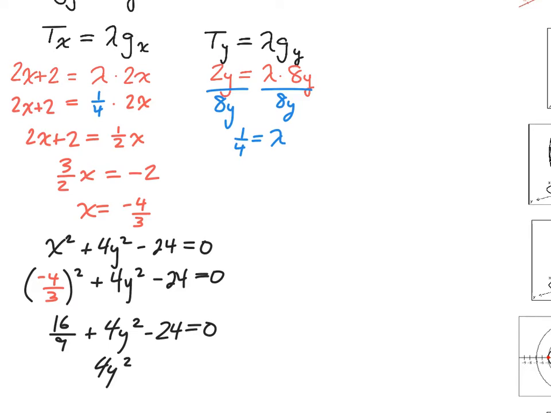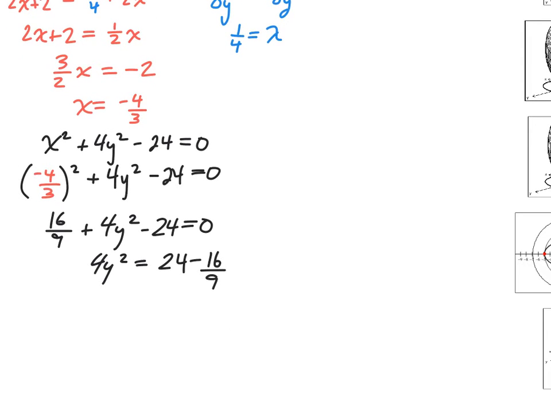So 4y squared is going to be equal to 24 minus 16 over 9. I think that's 200 over 9. I'll double check that in a sec, but I just very quickly did that in my head, which is dangerous. Divide by 4, 50 over 9.